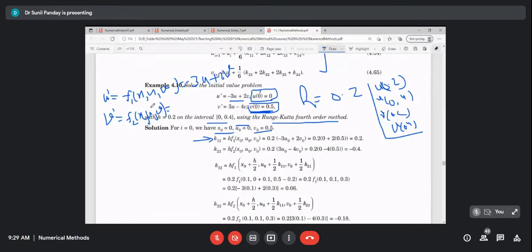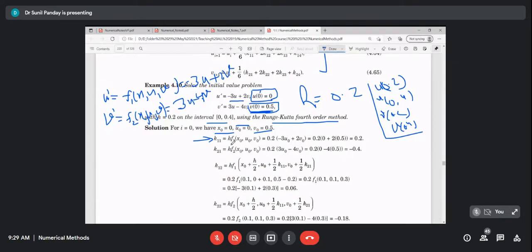For u we have f1 of x u v, and for v we have f2 of x u v, and here f2 is 3u minus 4v. So to calculate k11, we are calculating for u, because the first index is 1.